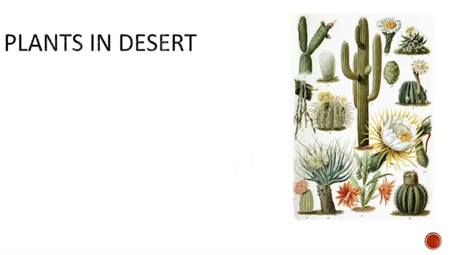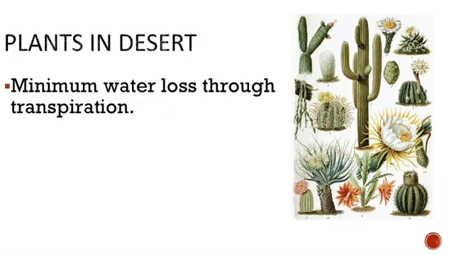There are certain plants like cactus which are seen in the desert but are adjusted in special ways, because of which they are able to survive in the desert. For example, there is a desert plant with minimum water loss through transpiration.